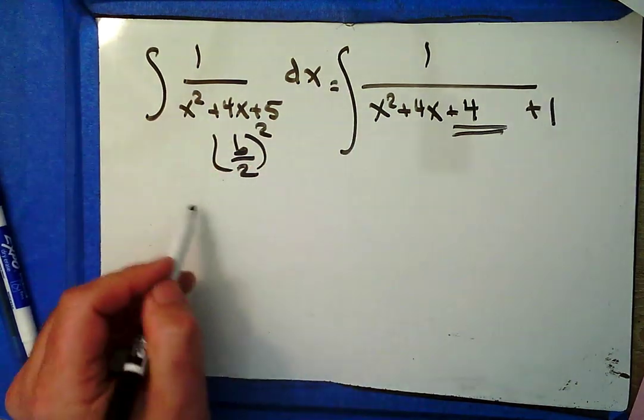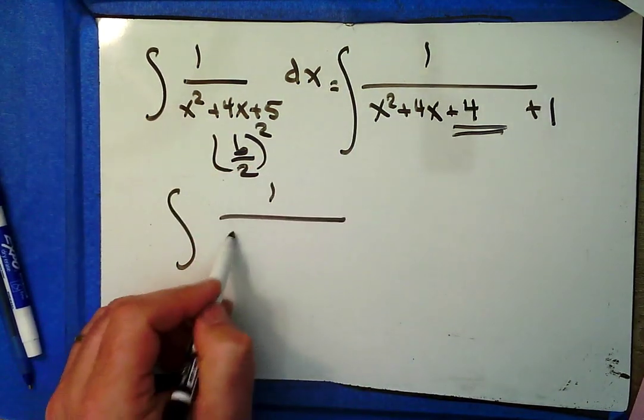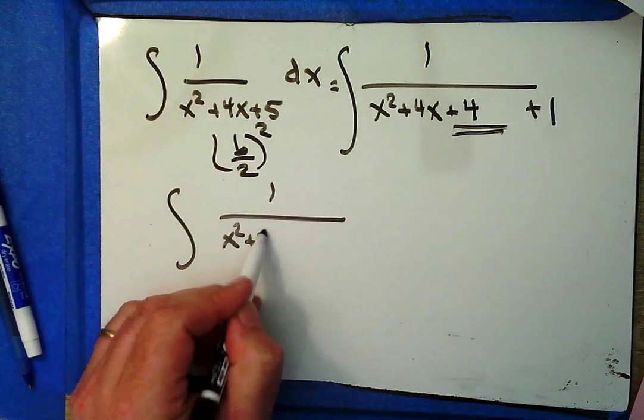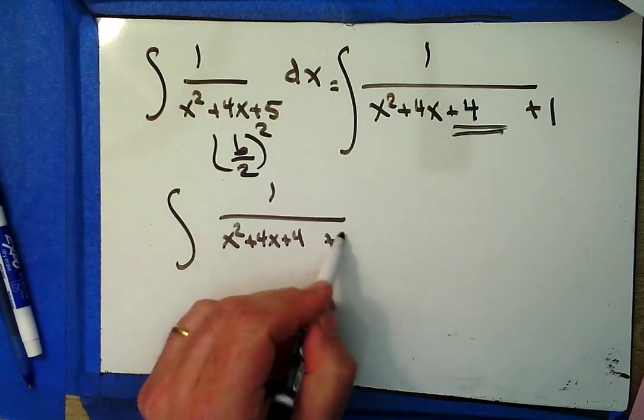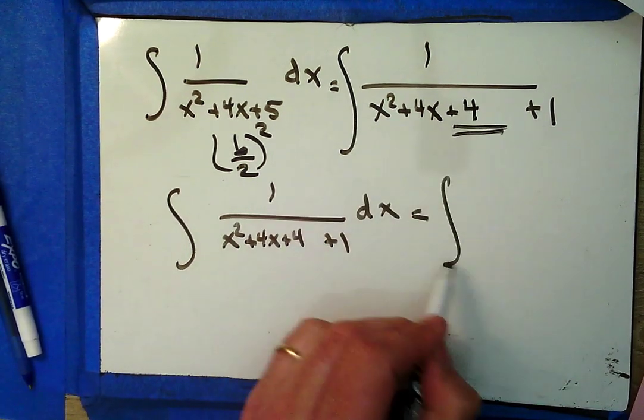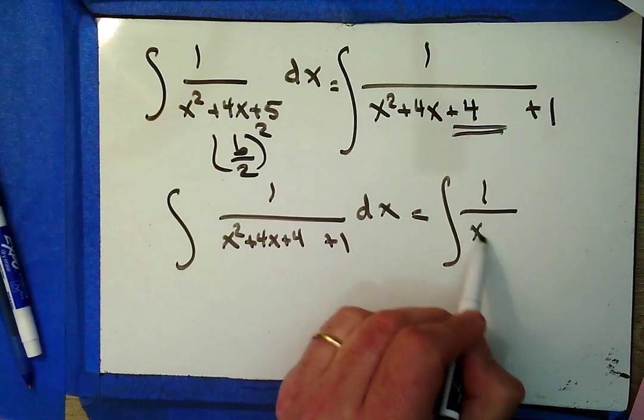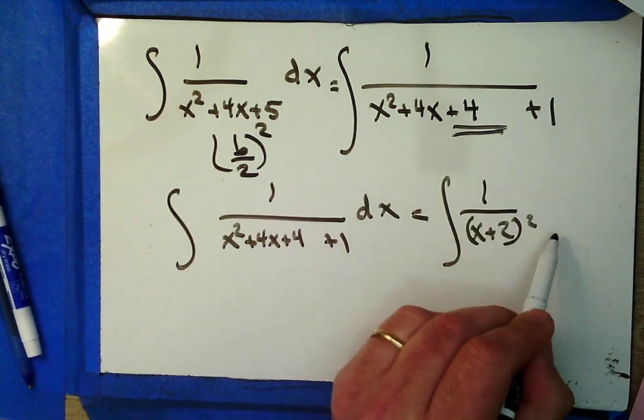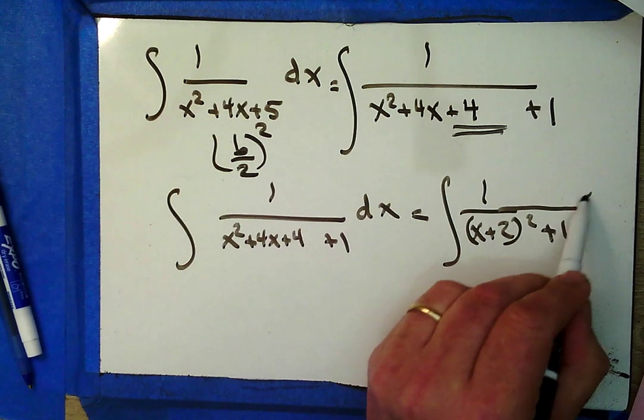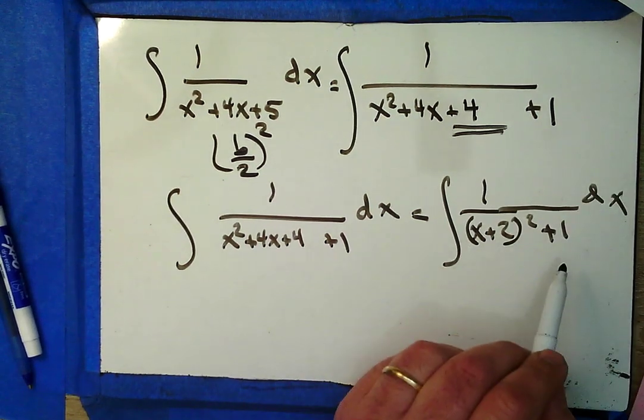So now we're saying this integral can be rewritten as x squared plus 4x plus 4 plus 1 dx, or the integral of 1 over x plus 2 squared plus 1. And again, we've got an inverse tangent, or arctan.